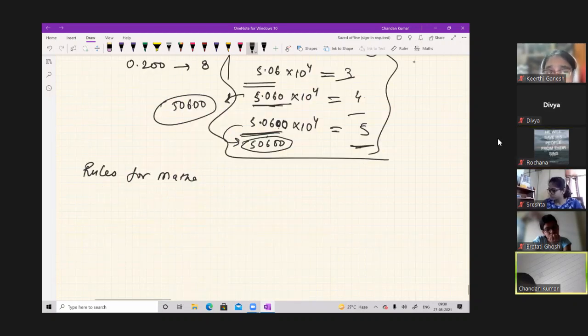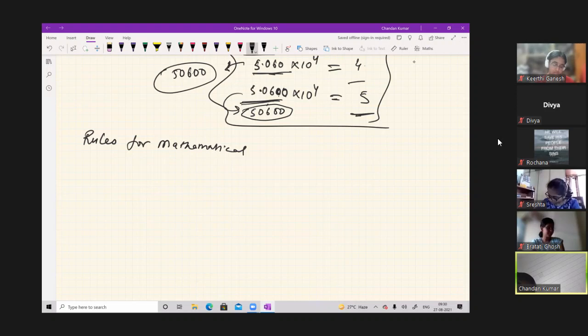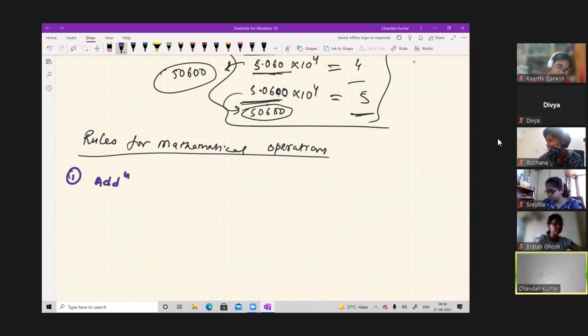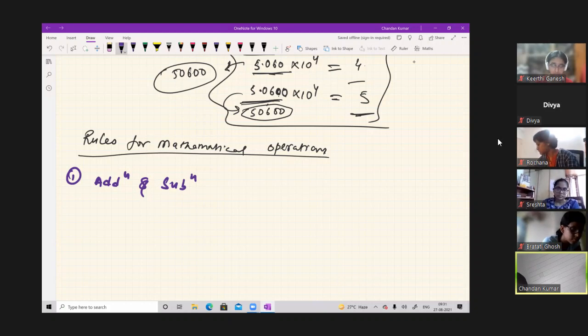Rules for mathematical operations. Addition and subtraction: the result is rounded off.